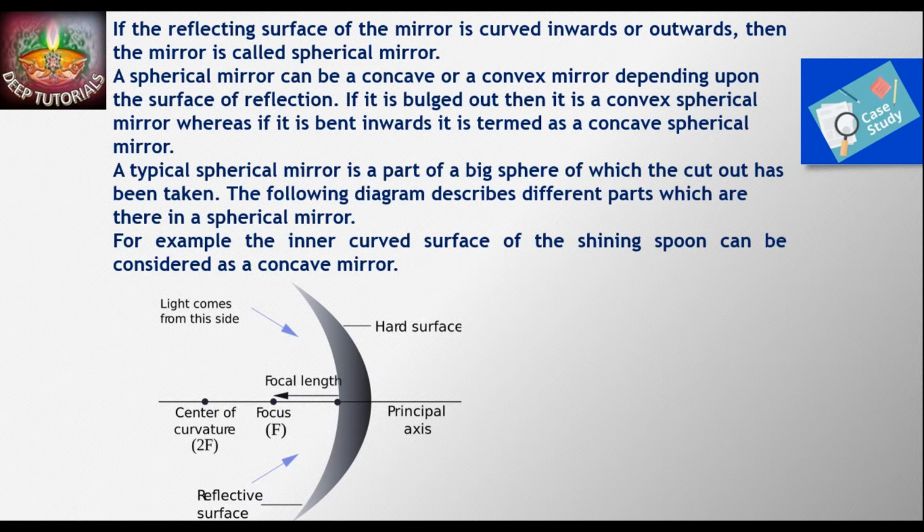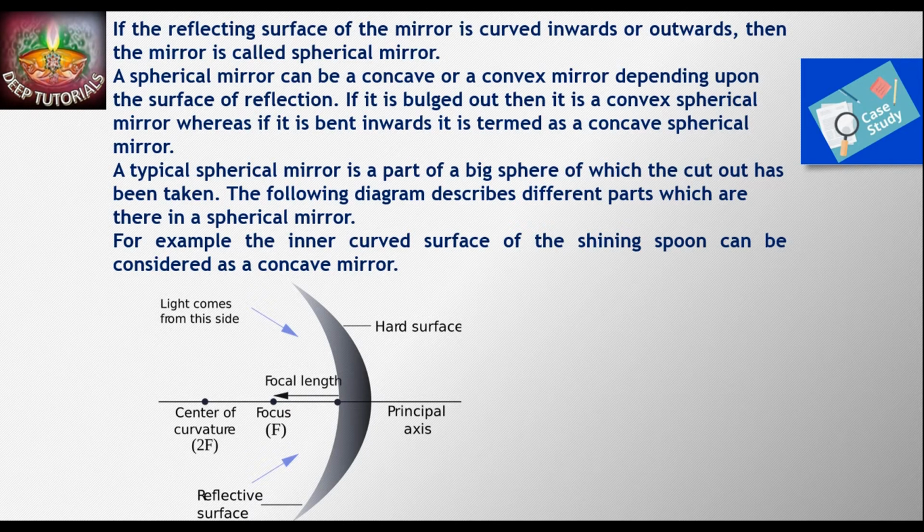A typical spherical mirror is a part of a big sphere of which the cutout has been taken. The following diagram describes different parts which are there in a spherical mirror. For example, the inner curved surface of a shiny spoon can be considered as a concave mirror.